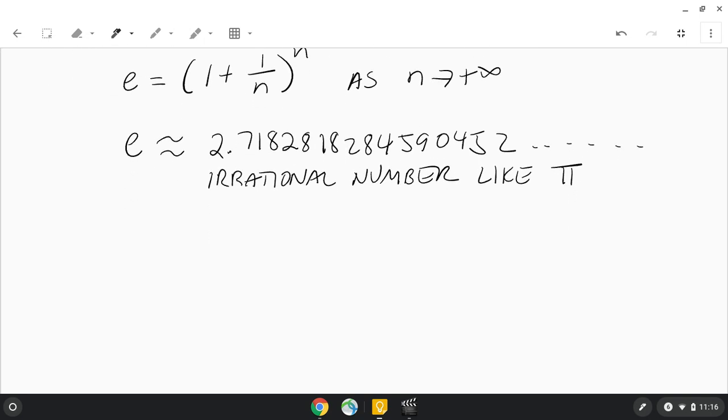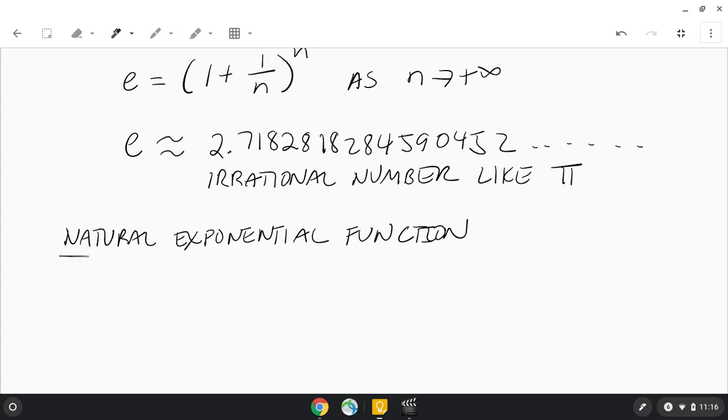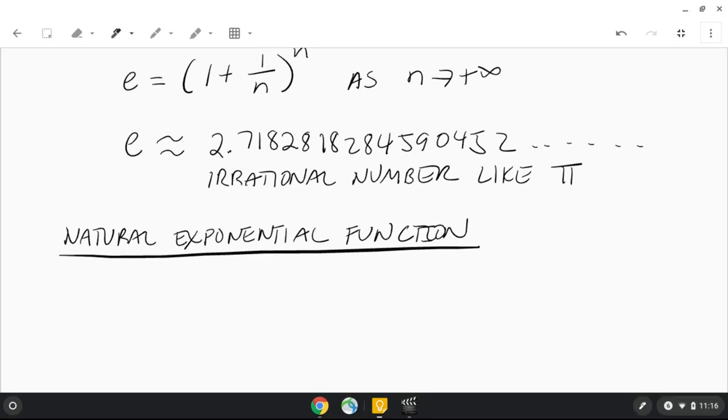You should check on your calculator to make sure you can locate your e button. The natural exponential function would be this exponential function where e is the base.